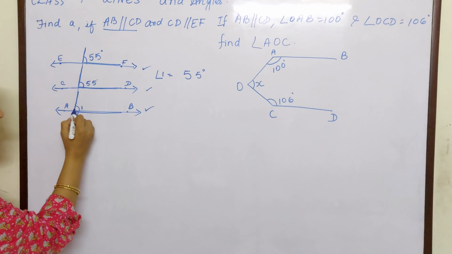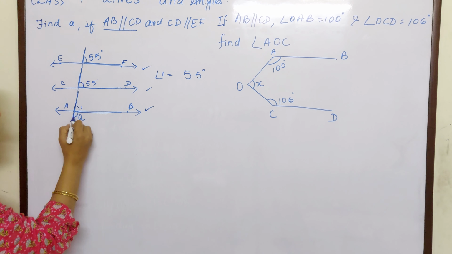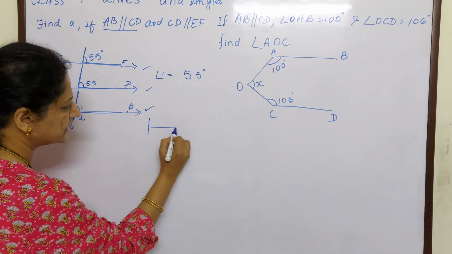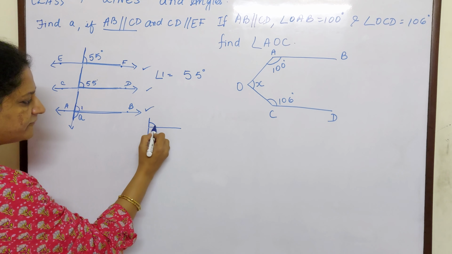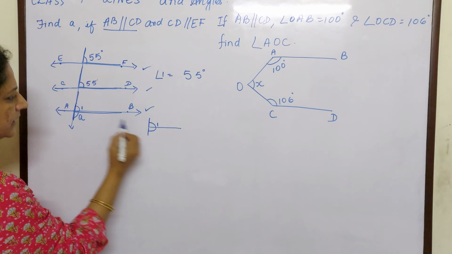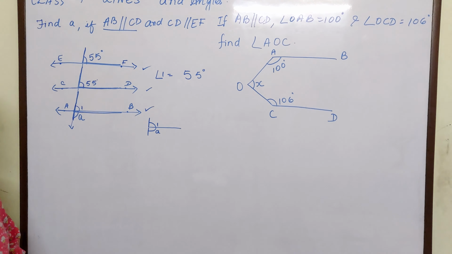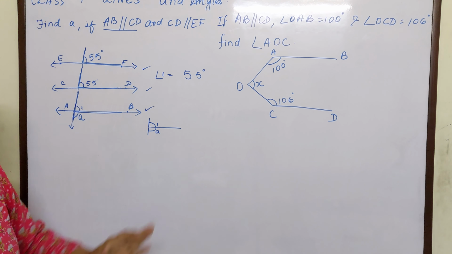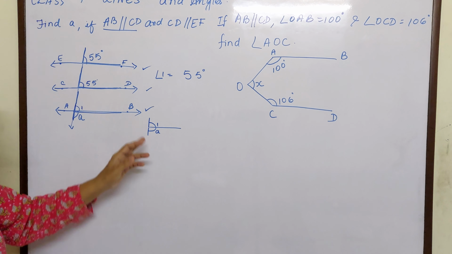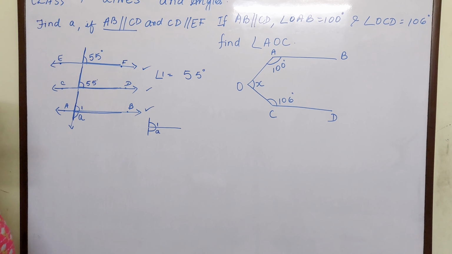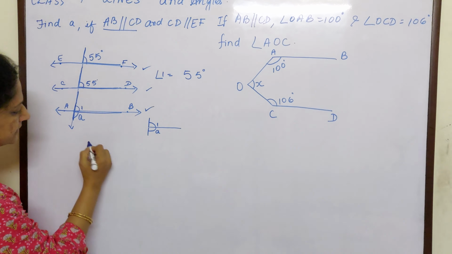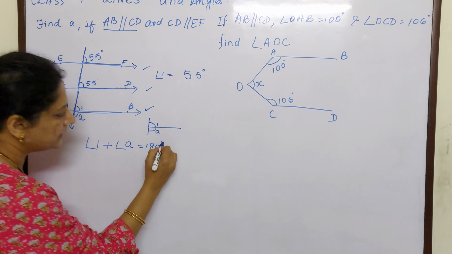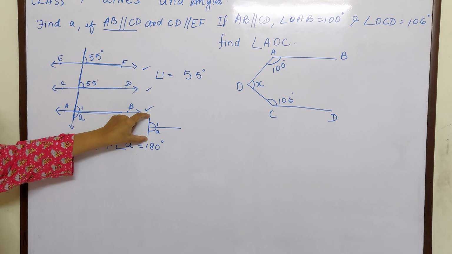But if you see this, right? This is the standing line like this and AB is standing on this like this. And what have we learned children? This is angle 1 and this is angle A. What have we learned? That angles on a straight line, or adjacent angles, are always supplementary. So angle 1 plus angle A will give us 180 degrees because they form a linear pair.